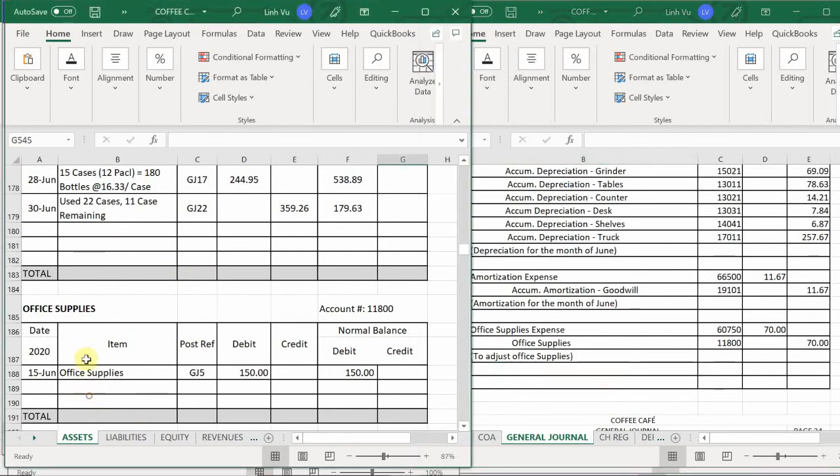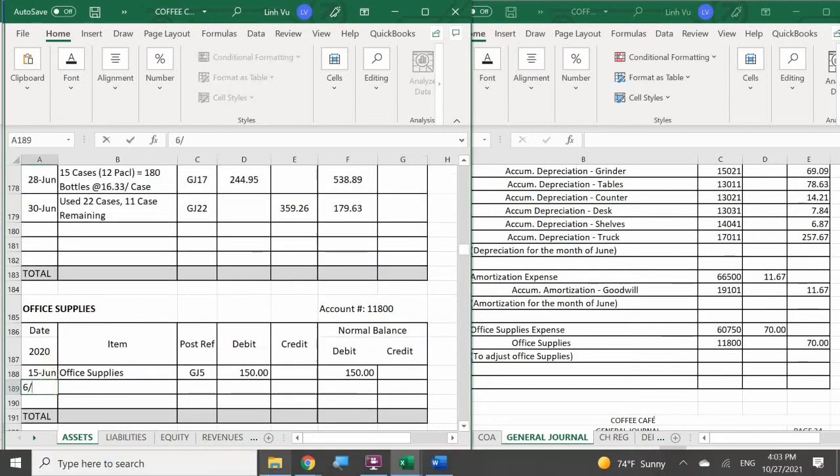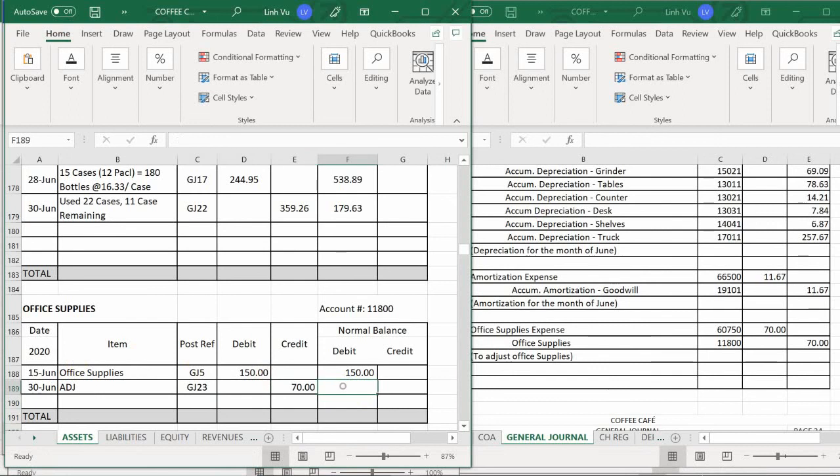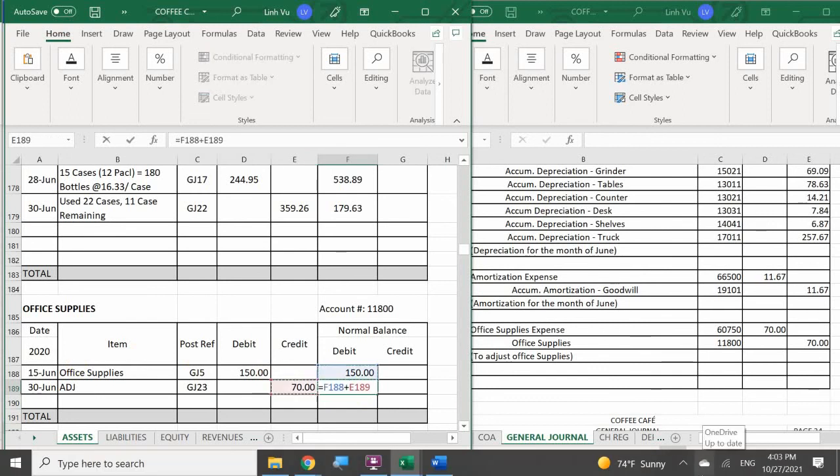And since I'm already in my office supplies, you can go ahead and take it off of them here. So it's 30. Adjustment, page 23. 70. You have 80 left.